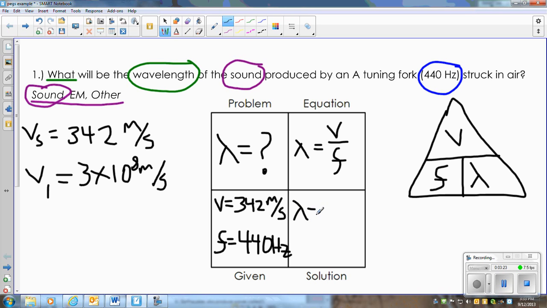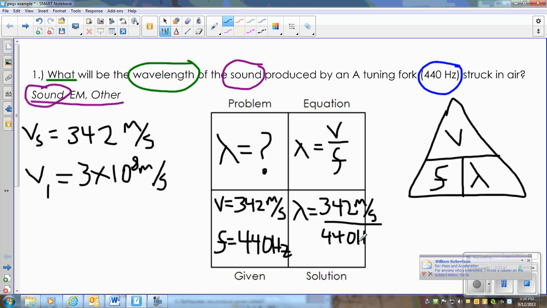The last step is to plug in numbers. So instead of writing V, I'm going to write 342. And then instead of writing F, I'm going to write 440 hertz. And I'm writing a little bit too big for this box, but that's okay.